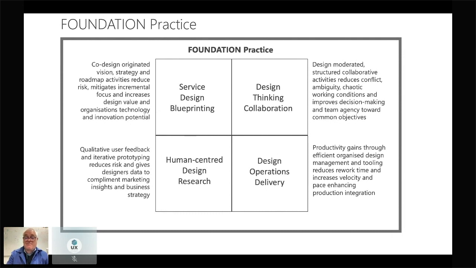So they're nothing particularly revolutionary or new. It's just in the combination of using service blueprinting to align and develop a vision and strategy, using design thinking not so much for coming up with ideas, but just getting diverse groups to collaborate.